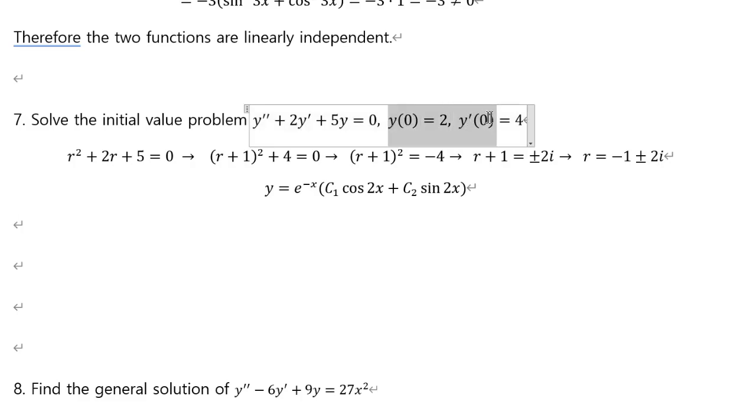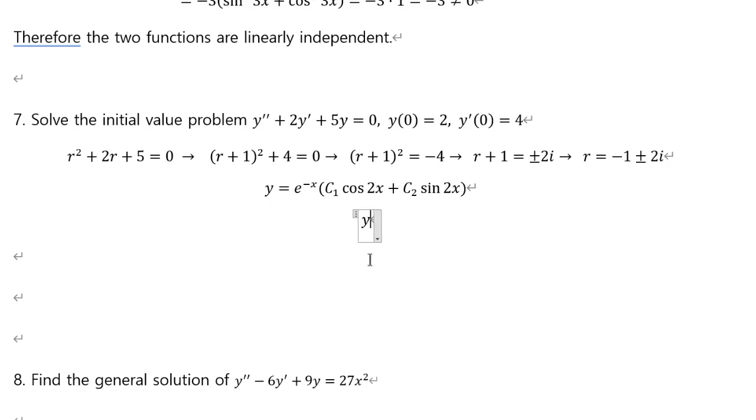But we still have to figure out what c1 and c2 must be so that it satisfies these two conditions. So first of all, y of 0 is equal to this thing. When you plug in 0, you get e to the 0th power, which is 1, cosine 0, which is 1, and sine 0 is 0.